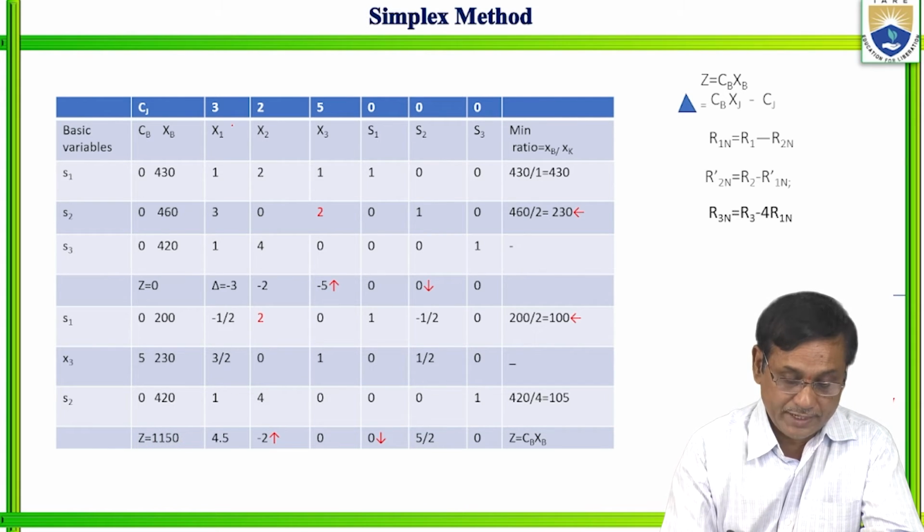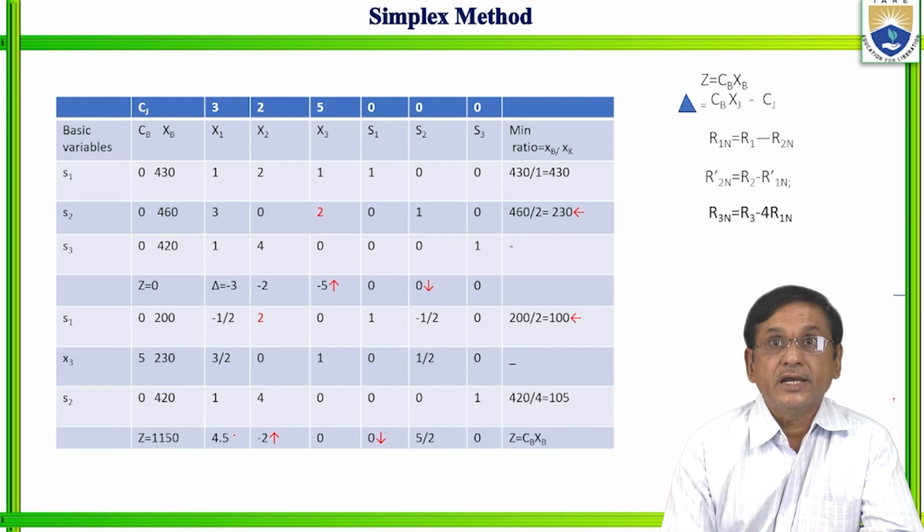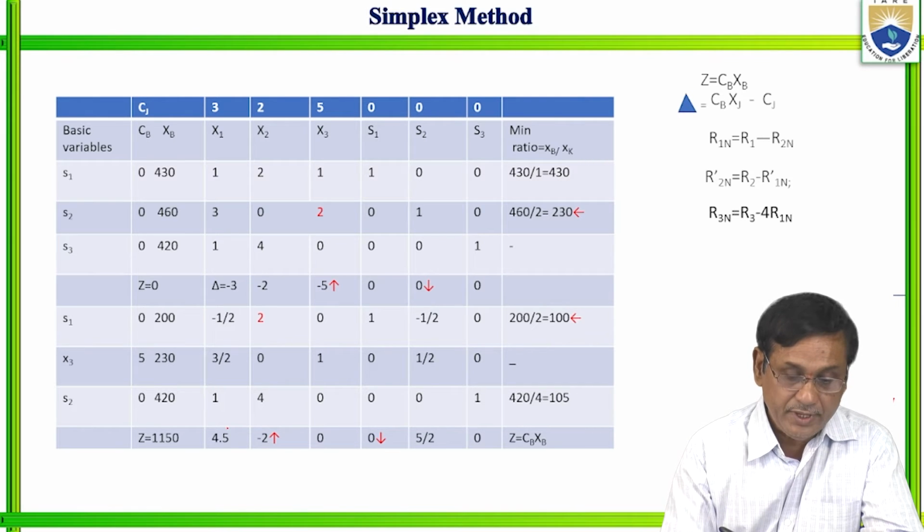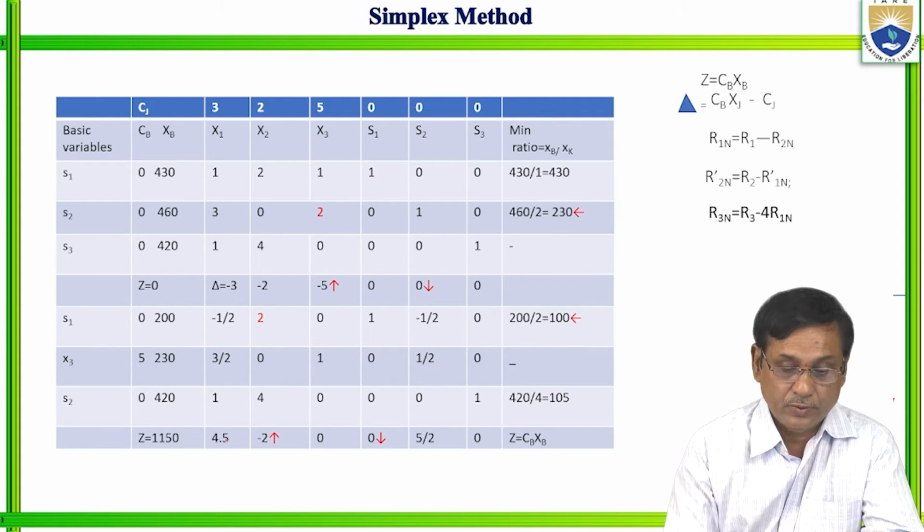Then we have to find out delta values. Delta is equal to CB x Xj. CB value 0 into minus half, 5 into 3 by 2 and 0 into 1 minus 3. So 15 by 2, that means 7.5 minus 3 is 4.5.